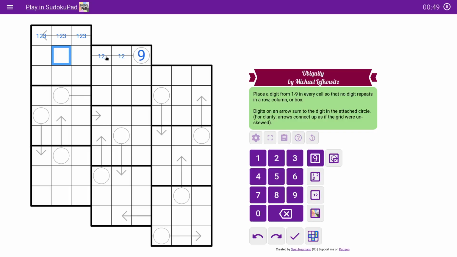However, that seems to be the end of the easy deductions. One of these is a 9, since you can't have a 9 on an arrow shaft like this. Yes, one of these is a 9. That doesn't seem useful.